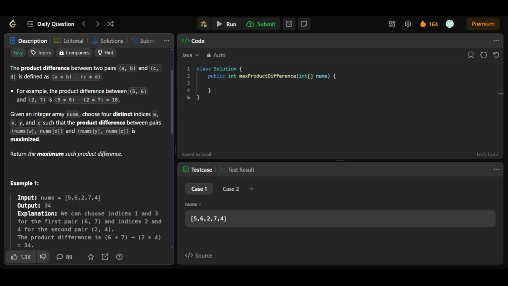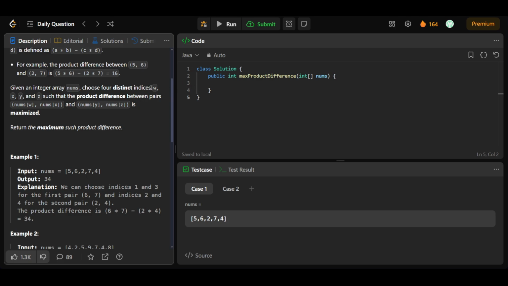So what we can conclude is that the maximum product difference will be the product of the two largest numbers minus the product of the two smallest numbers. So firstly, let's find the length of the nums, n equals nums.length, and then we can just sort the array.